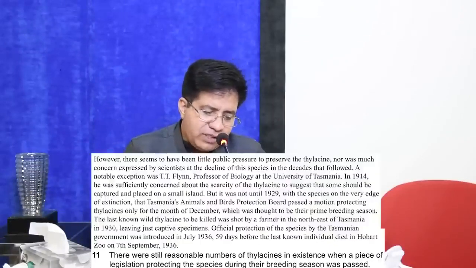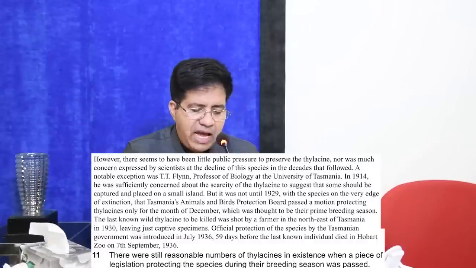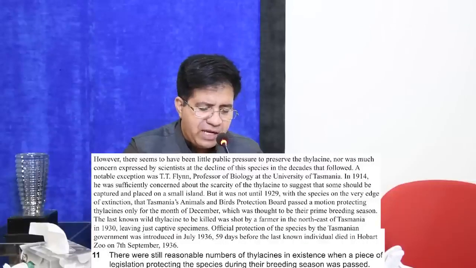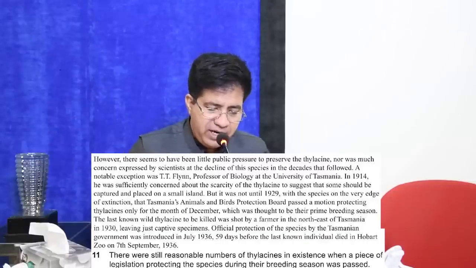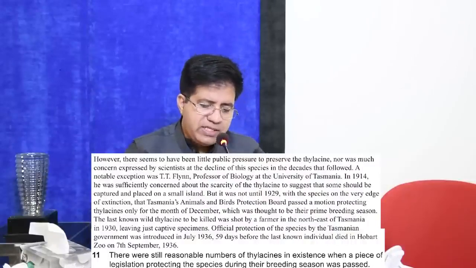Same paragraph. Look for the word law, legislation and all that. Yes, I'm reading second last paragraph, from 1, 2, 3, 4, 5th line, but it was not until 1929. Found it? Okay. Alright. So let's read from here.